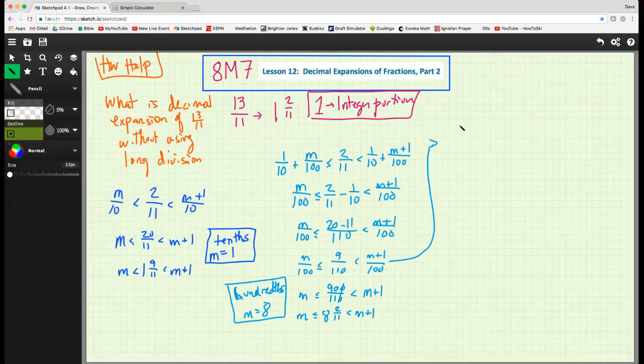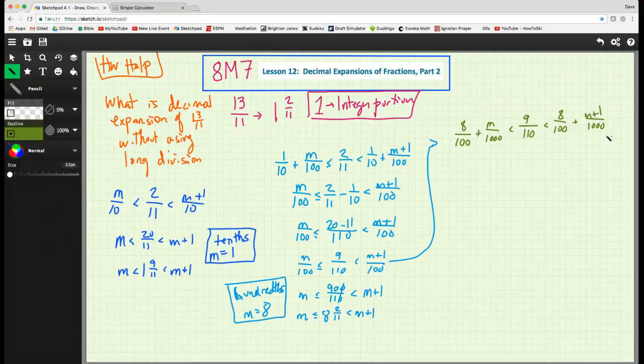And then we say, well, 8 over 100 plus m over 1,000 is less than 9 over 110 is less than 8 over 100 plus m plus 1 over 1,000. All right, I'm getting good at this.